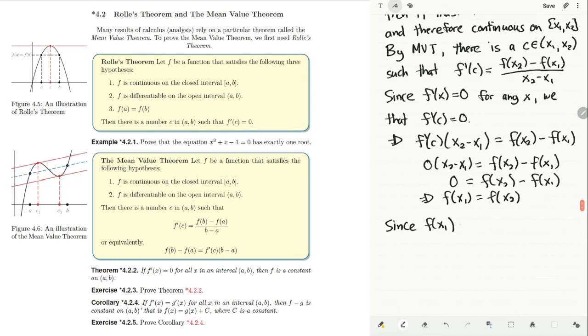And x1 and x2 are any two numbers in the interval from a to b.